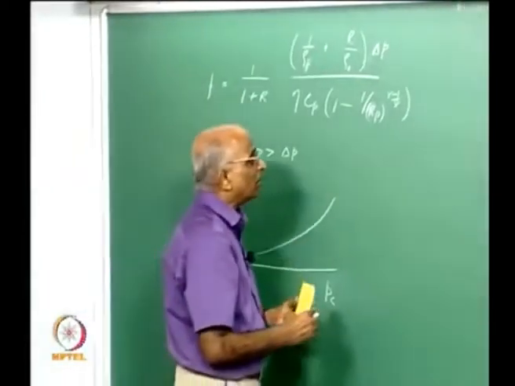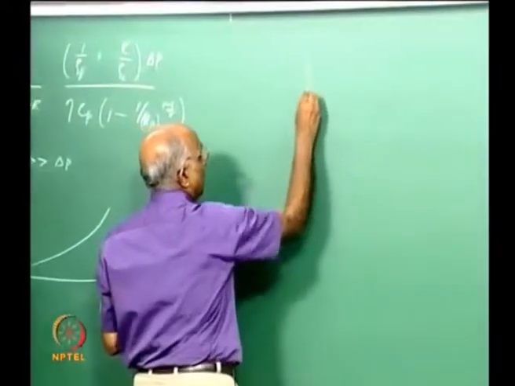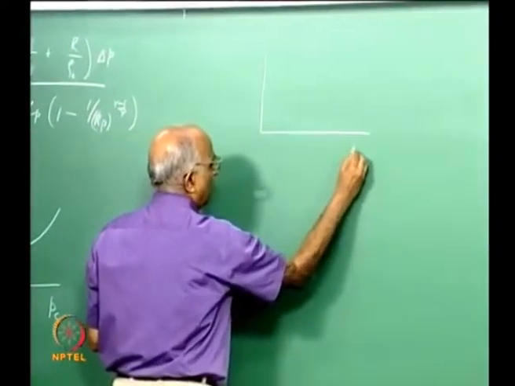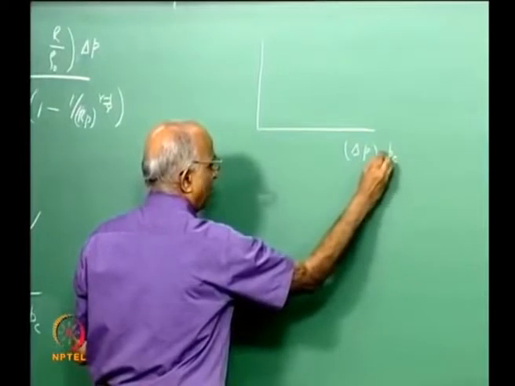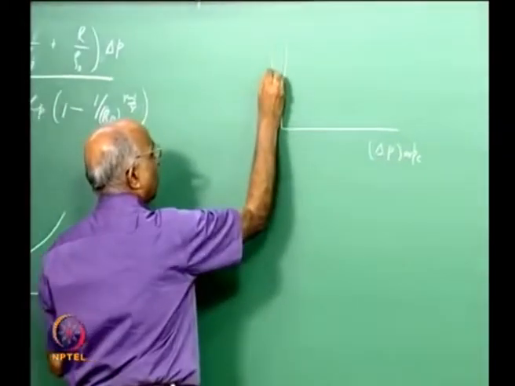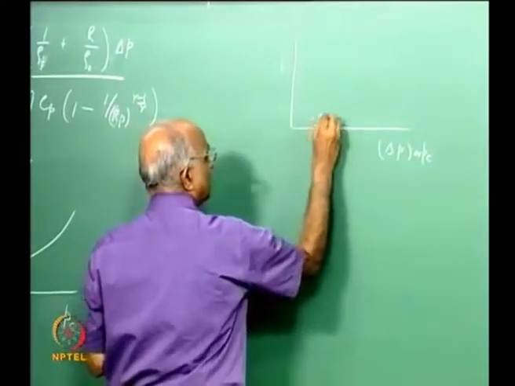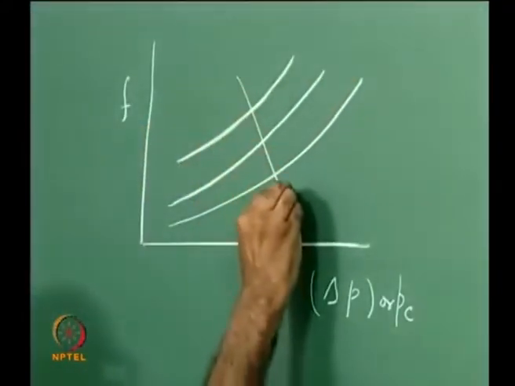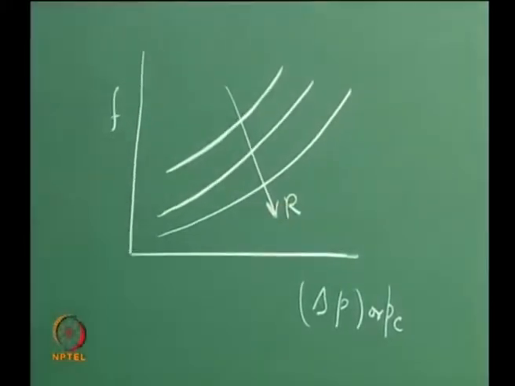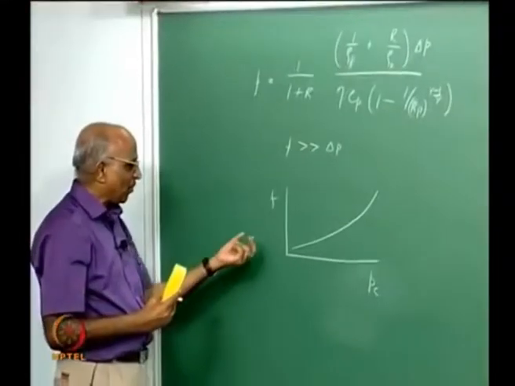Therefore I can plot the second ratio: if I plot delta P, which is the same as Pc, as a function of F, maybe I will get a series of lines for different values of R, and as R increases the value of F decreases. Let us try to interpret these two graphs which I have just drawn.